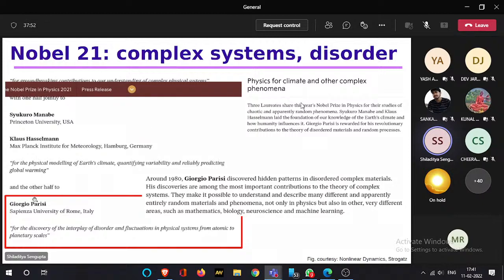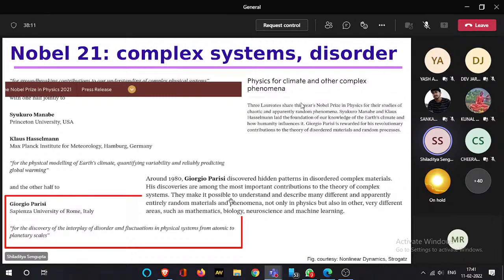And the other person is Giorgio Parisi. He studied some materials which are called disordered. It says that around 1980, Giorgio Parisi discovered hidden patterns in disordered complex materials. His discoveries are among the most important contributions to the theory of complex systems.